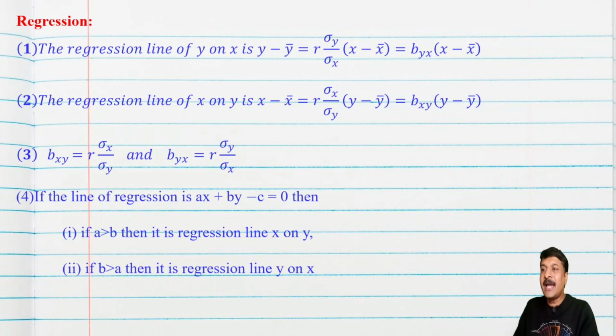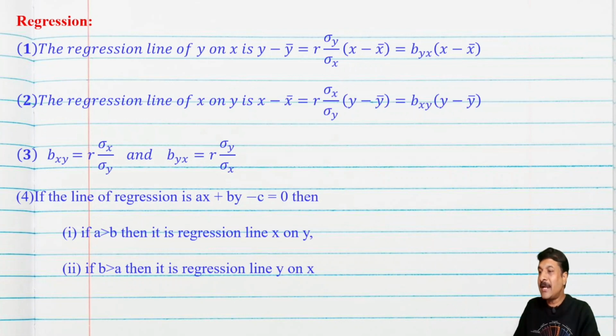The regression line x on y, just interchange y and x: x minus x bar equal to r sigma x by sigma y into y minus y bar, equal to b of xy into y minus y bar. So we can prove b of xy equal to r into sigma x by sigma y. Similarly, b of yx equal to r sigma y by sigma x.